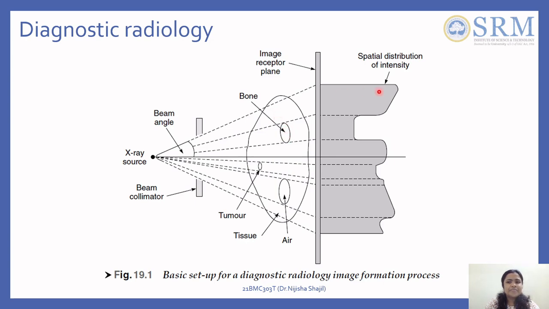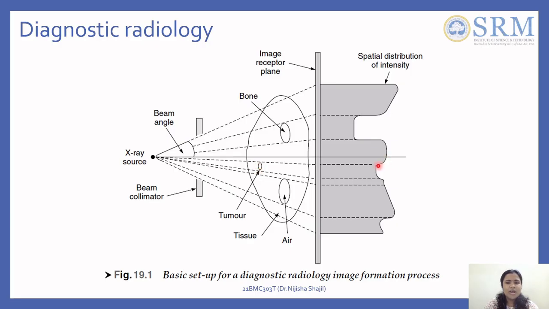For tissue, you can see the radiation coming out is of a certain intensity. When there is bone, the bone will absorb the X-rays, so the amount of X-rays coming out will be less. Again here it is more. Here there is a tumor. The tumor will not absorb as much as the bone, but it doesn't allow them through totally either, it will absorb.